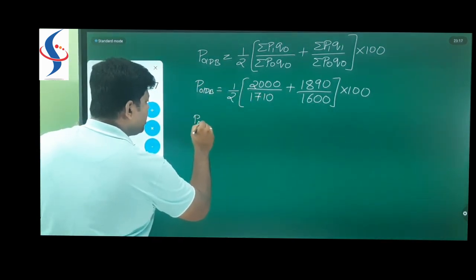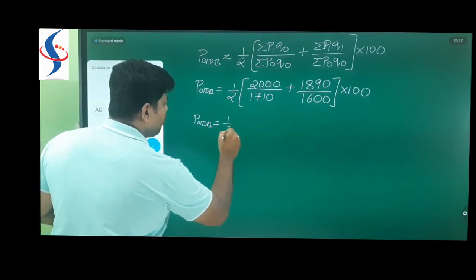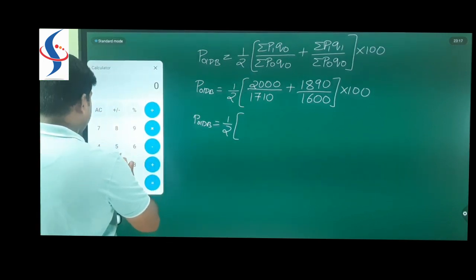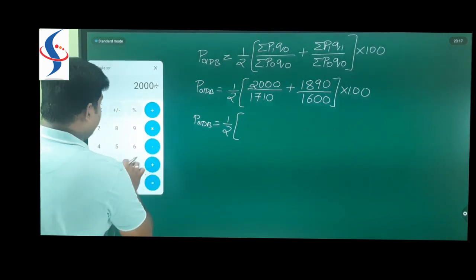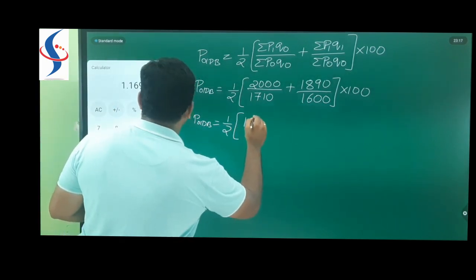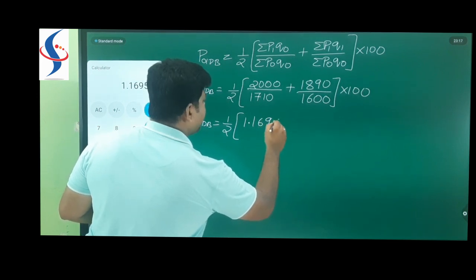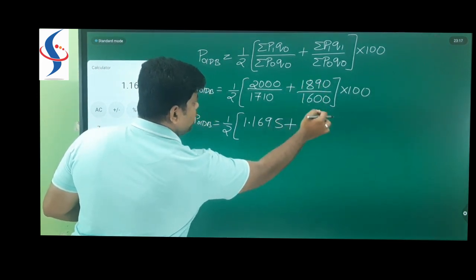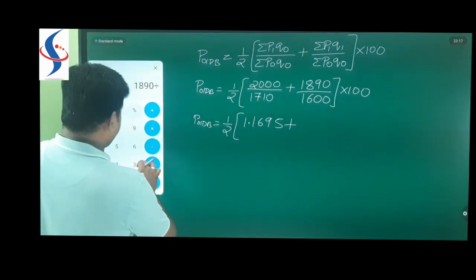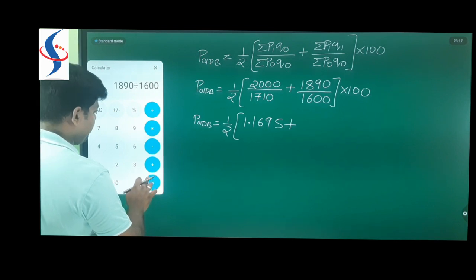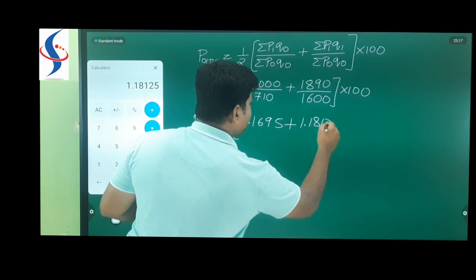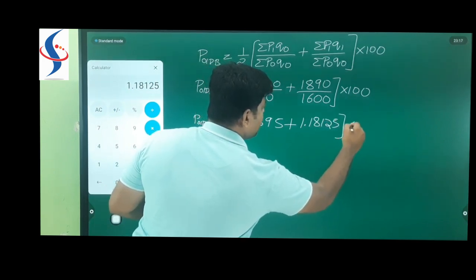So P01 Drobisch-Bowley is equal to 1 by 2 bracket open. First you have to divide these two. That is 2000 divided by 1710, which gives you 1.1695, plus, then you need to divide these two. That is 1890 divided by 1600, which is 1.18125, into 100.